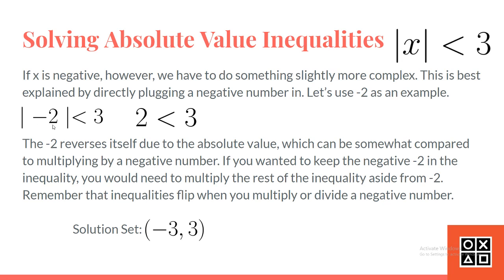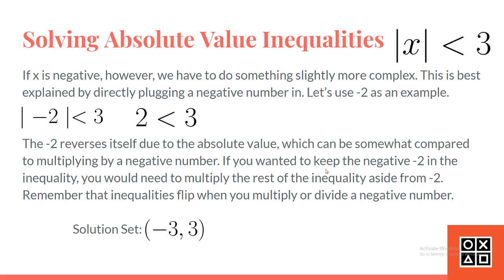Negative 2 turns into a 2, reversing itself, because negative 2 is 2 away from 0. This can be somewhat compared to multiplying by a negative number, like negative 2 times negative 1 gives you 2.